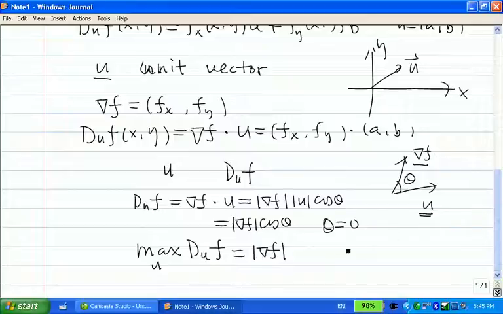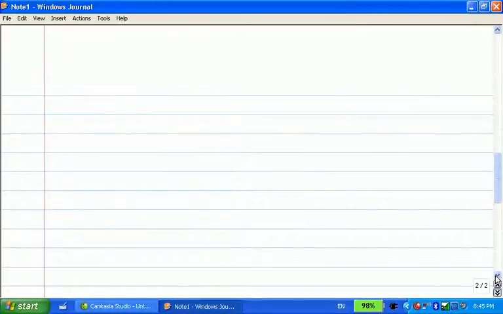What that means is that if you take your u in the same direction as the gradient of f, then the maximum directional derivative has been reached. Okay, now let's look at an example.